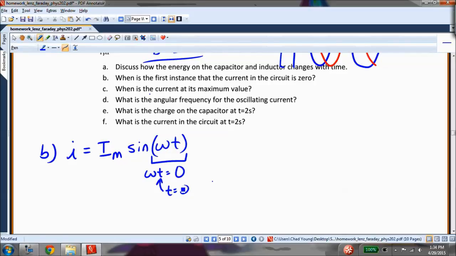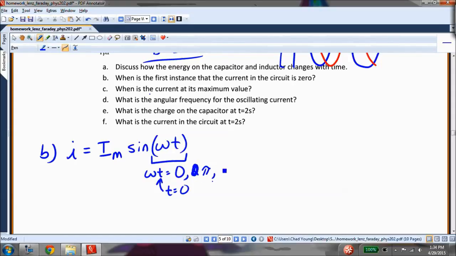That's when the current equals 0. The next instant when the current is equal to 0 occurs when omega t is equal to what? Not 2 pi, pi.